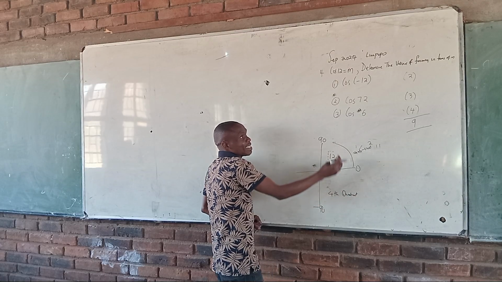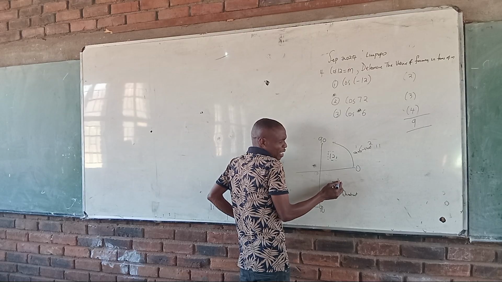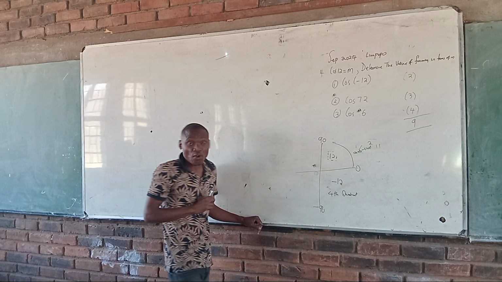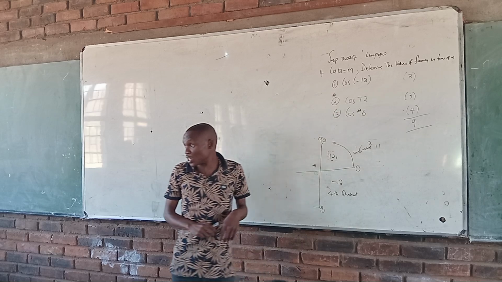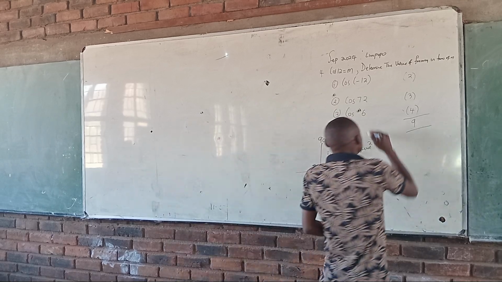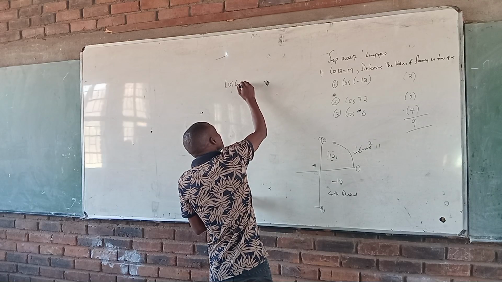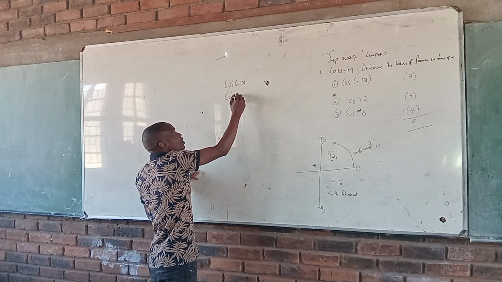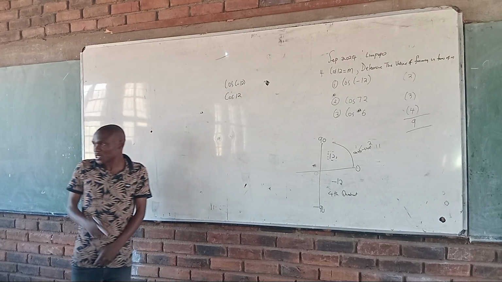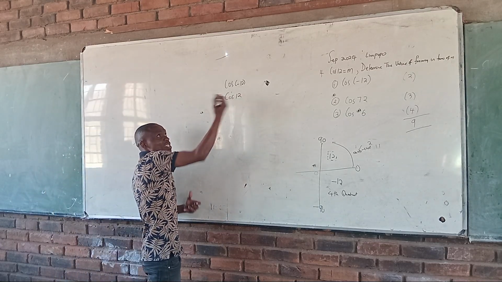Which means that -12 is in the fourth quadrant. And in the fourth quadrant, cos is positive. So this means that cos -12 is the same as cos 12.